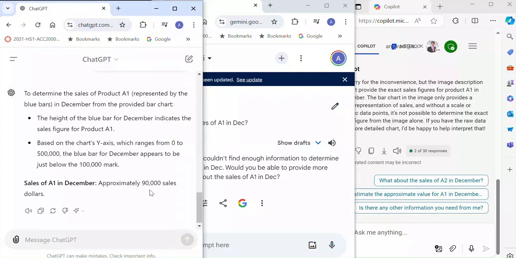Also, you can provide more background information for interpreting an image.